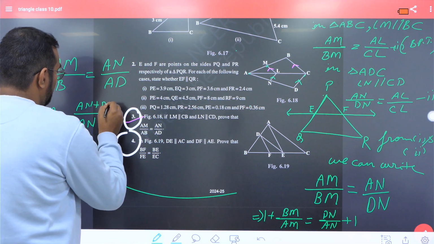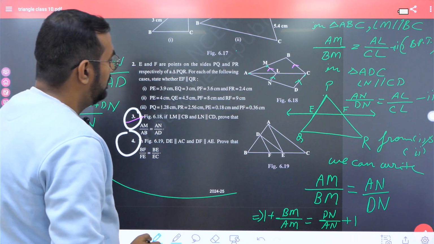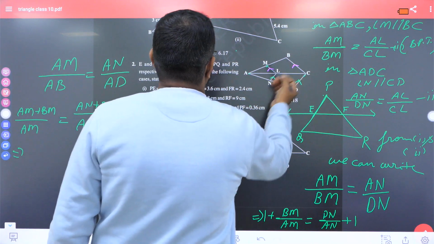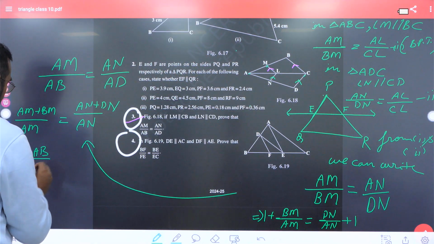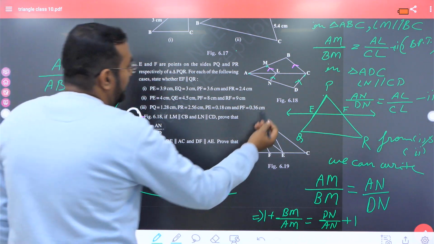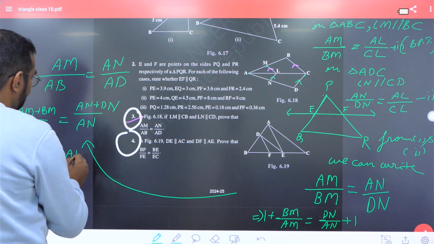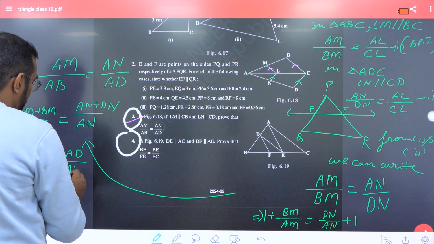You can see AM plus BM is AB upon AM, and AN plus DN is equal to AD upon AN.